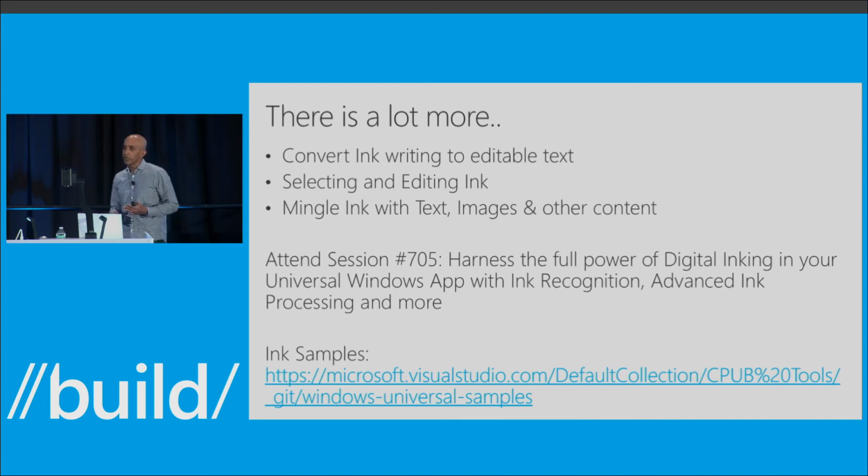These include ink recognition, ink editing, and more. There's a follow-on talk at 5 p.m. to cover some of these in much more detail. Please attend to learn more about these capabilities. Also, we have a few samples, and we are going to post more samples on GitHub to learn more about the DirectInk APIs.